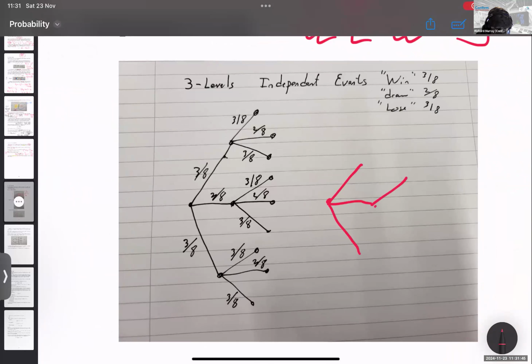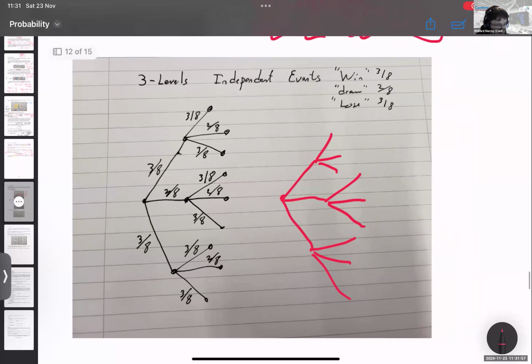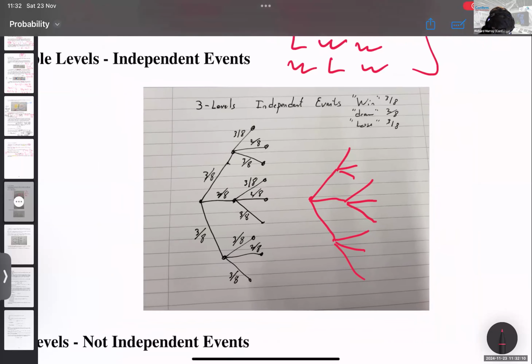Then I've drawn our win, draw, lose, win, draw, lose, lose, draw, win. And you can see that these trees tend to collide into each other very, very quickly, which makes them hard to draw out. So that's why for most exam style questions, you will only see a 2-level question, because it simplifies it down while still getting the same theory across.